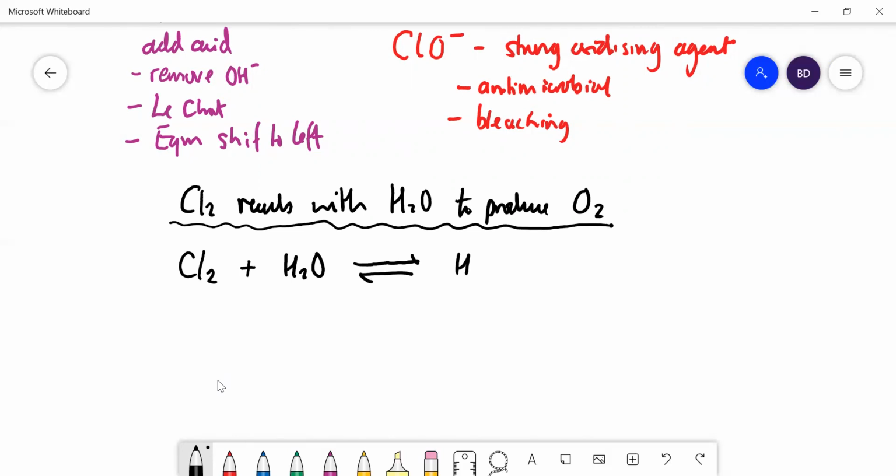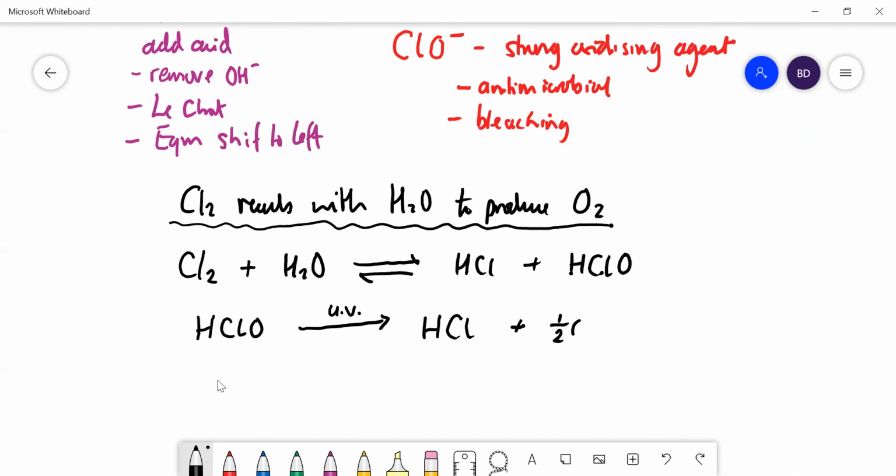You're going to form HCl and HClO, which is chloric(I) acid. And then chloric(I) acid in the presence of UV will break down to HCl and oxygen. So chlorine, if it reacts with water, will produce the HCl and HOCl, and then that decomposes to form HCl and O2.